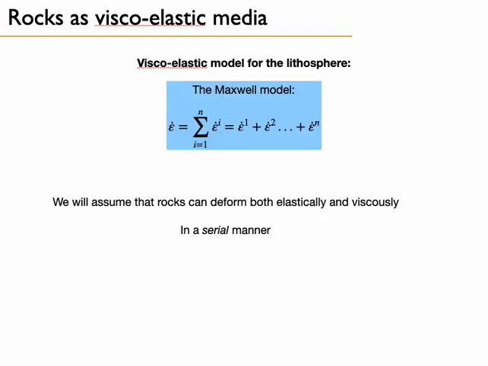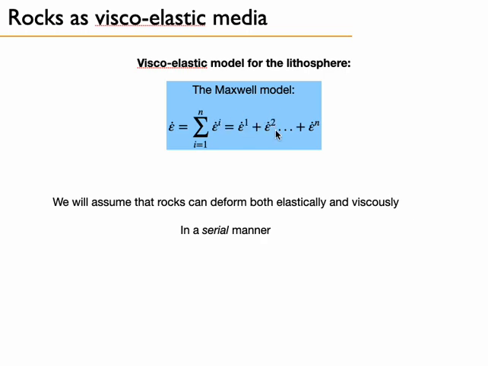So we want to construct a model that combines both viscous creep and elastic deformation. And what tool do we use for this? We will also use a Maxwell model. In the Maxwell model, again, we will have a total strain rate, and there will be contributions of individual mechanisms.